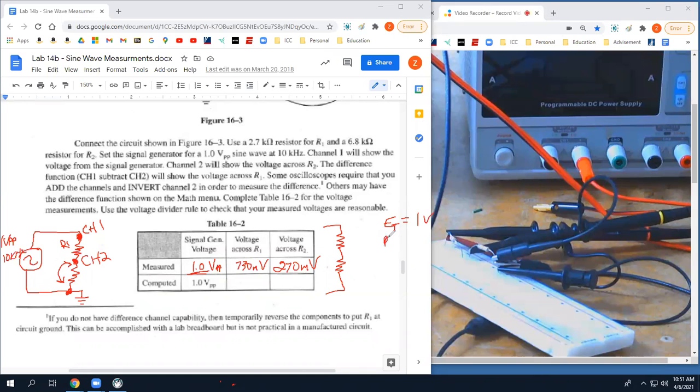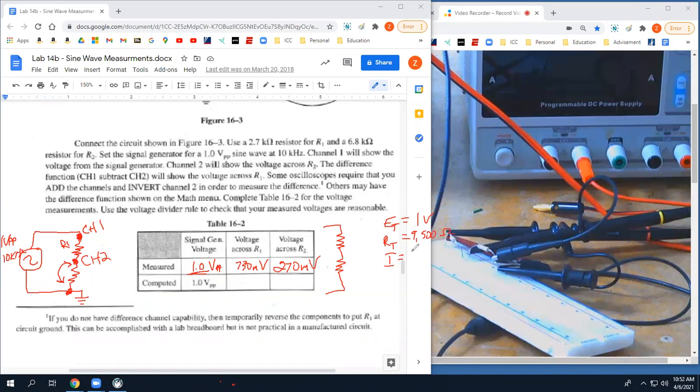Total resistance is how much? It's series, so we're going to add the two resistors together. It would be 9.5 kilo ohms. What's our total current?